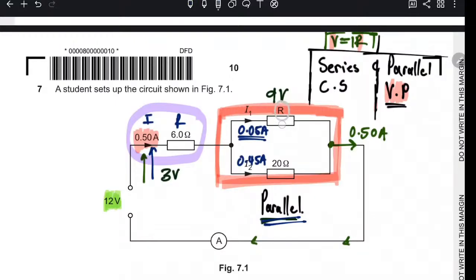How do we find R? Tell me what rule we use, students. If we have I and we have V, how do we find R? What rule should we now use, students?